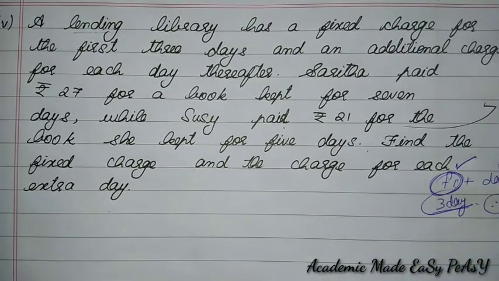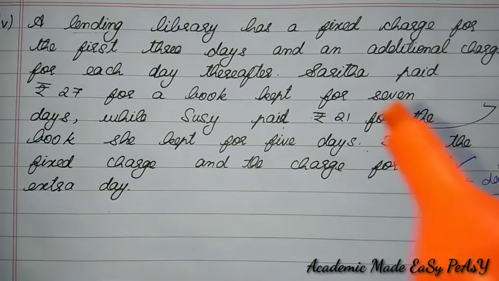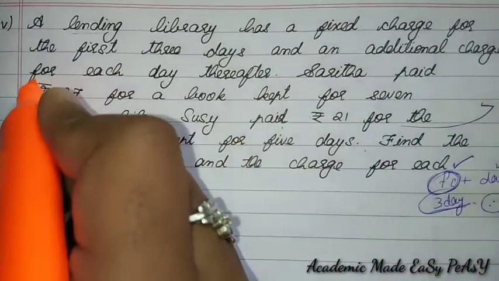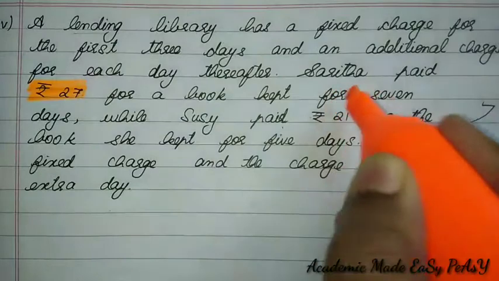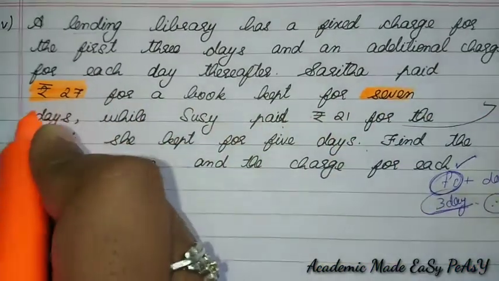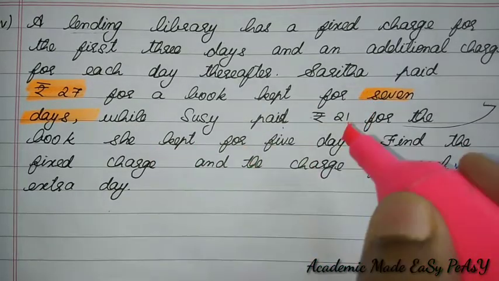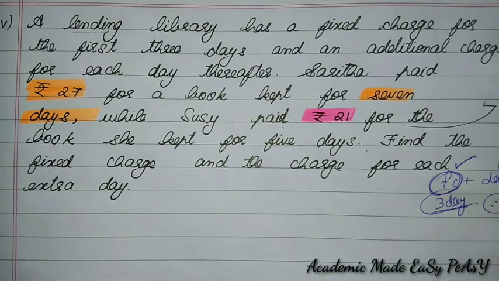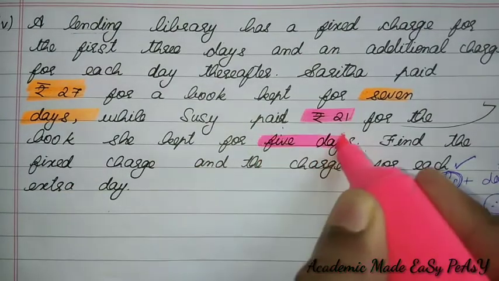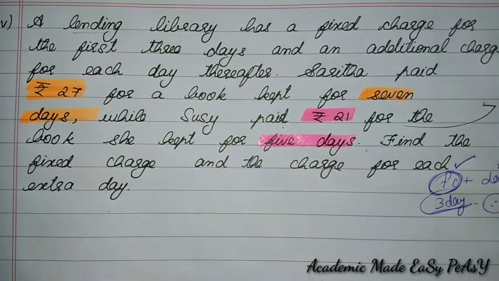Sarita paid rupees 27 for the book she kept for 7 days. In those 7 days, the first 3 days have a fixed charge, and after that we have to find the amount per day. Next, Susy paid rupees 21 for the book she kept for 5 days. In those 5 days, the first 3 days have a fixed charge, and we have to find the charge per day.